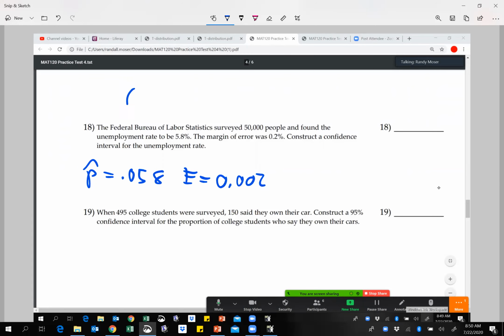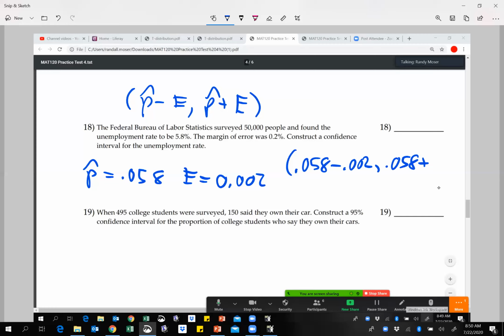For the confidence interval with the point estimate p hat, it's simply going to be p hat minus e to p hat plus e. They did all the hard work where they actually calculated the margin of error for us. So literally, to find the confidence interval, we start with our point estimate, subtract the margin of error, and add the margin of error. That's it.